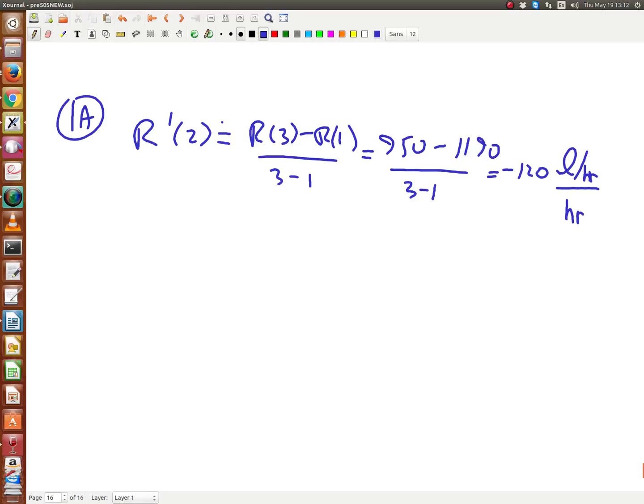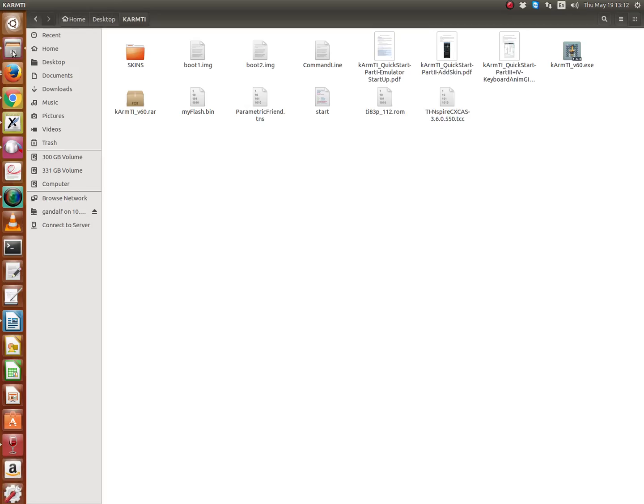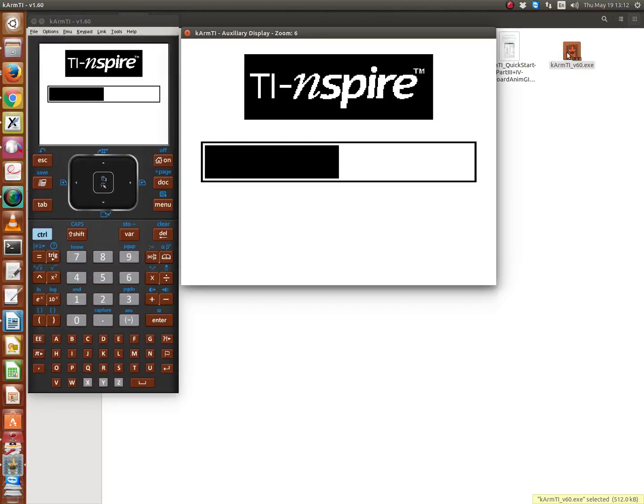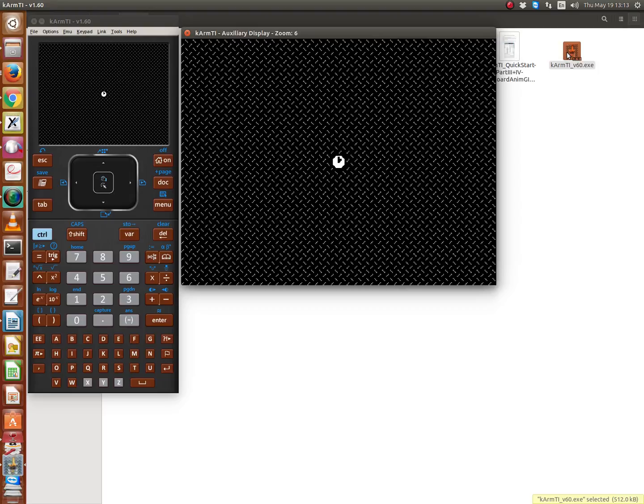And just for fun, let's do that on the calculator. Let's bring out a TI-Nspire CX CAS emulator. There you go. Sort of silly to do arithmetic on here, but just to bring in the big guns. Here we go. All right, so reading off the table, R of 3 minus R of 1 over 3 minus 1.